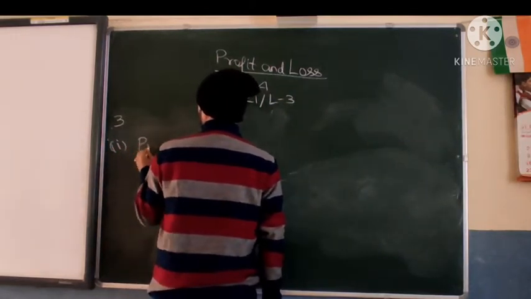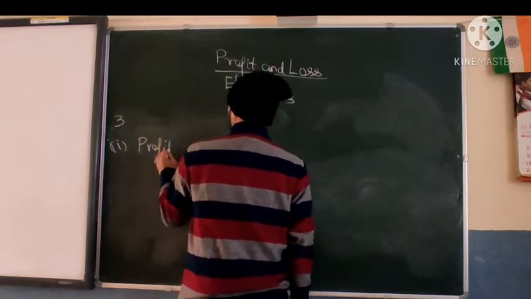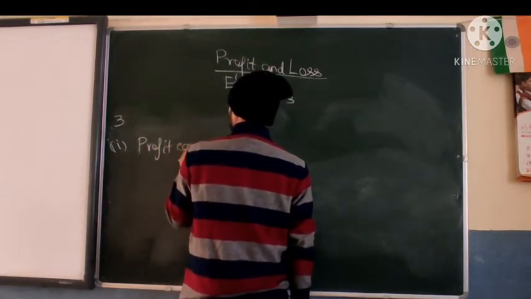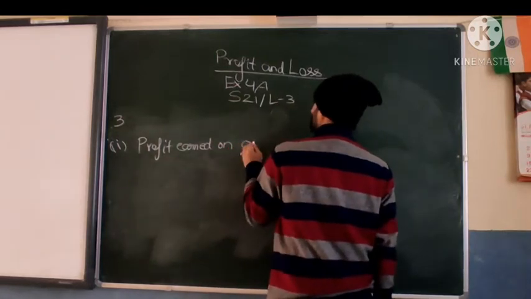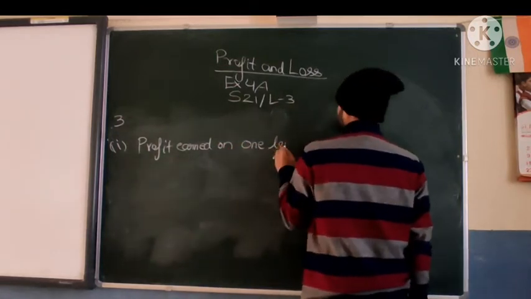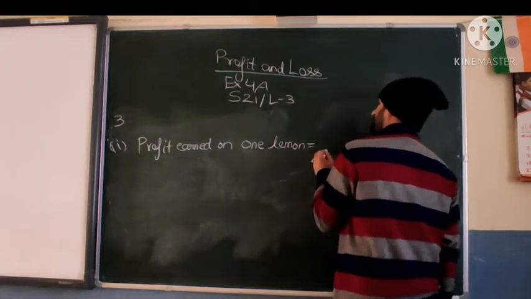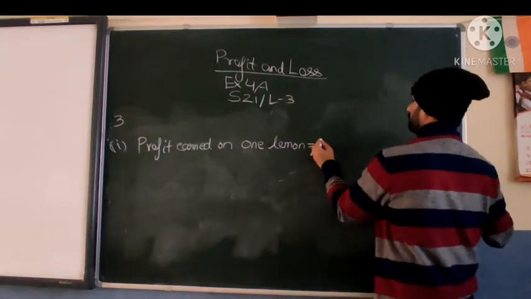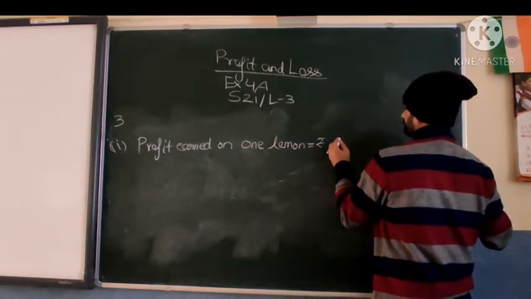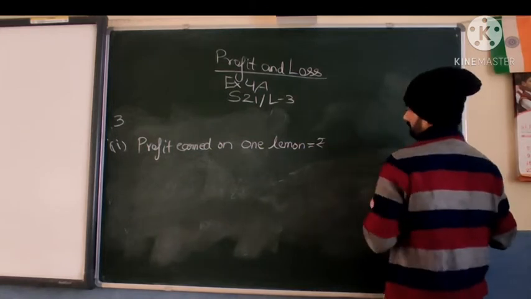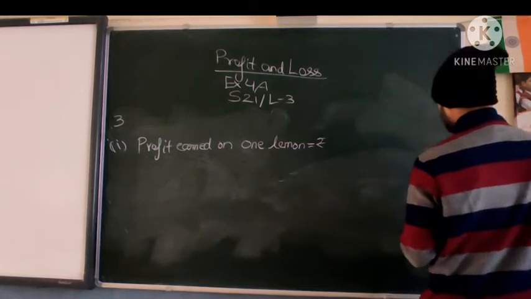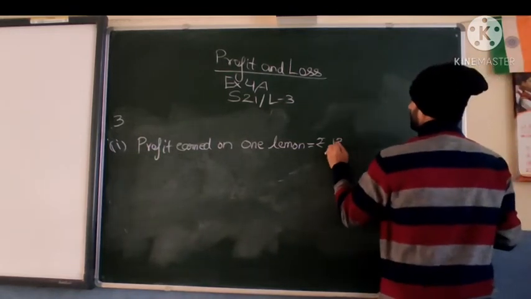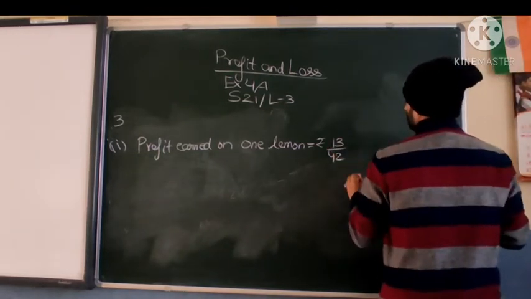So write: profit on one lemon, how much? It was coming rupees 13 by 42.